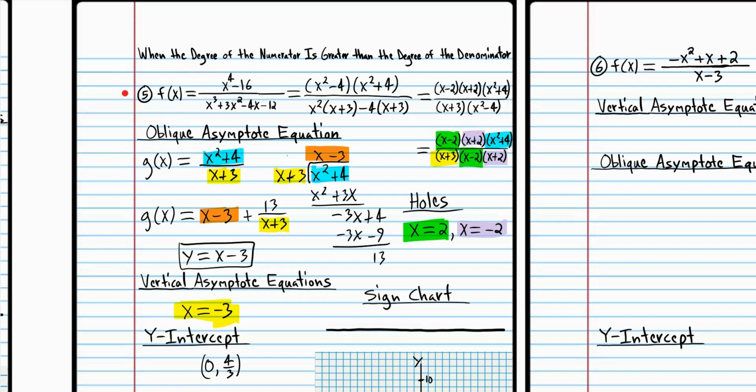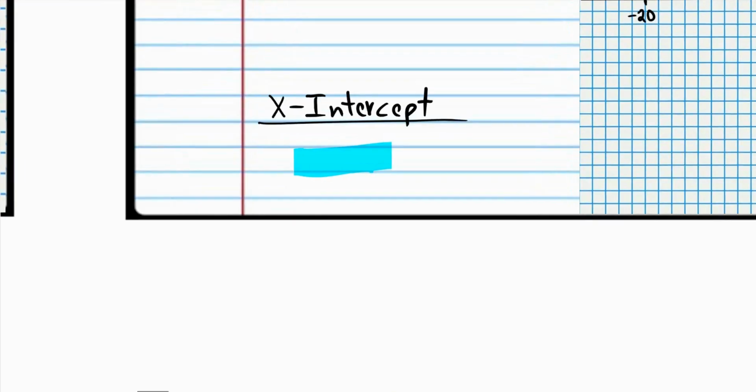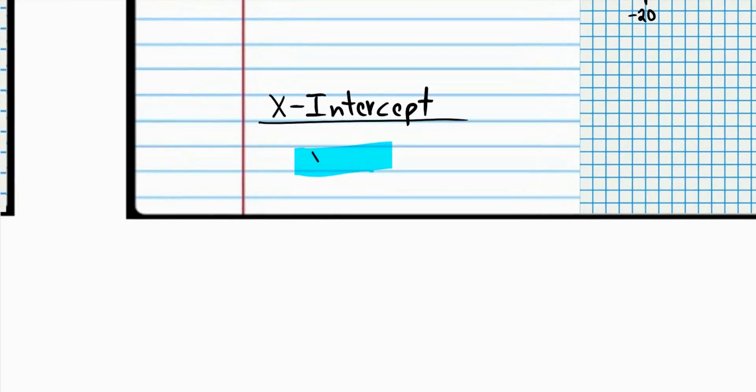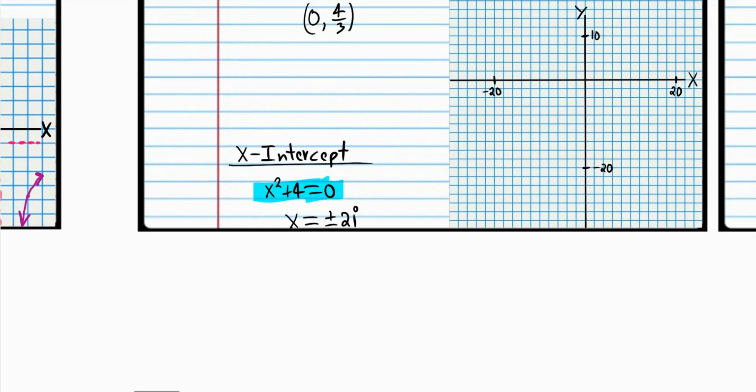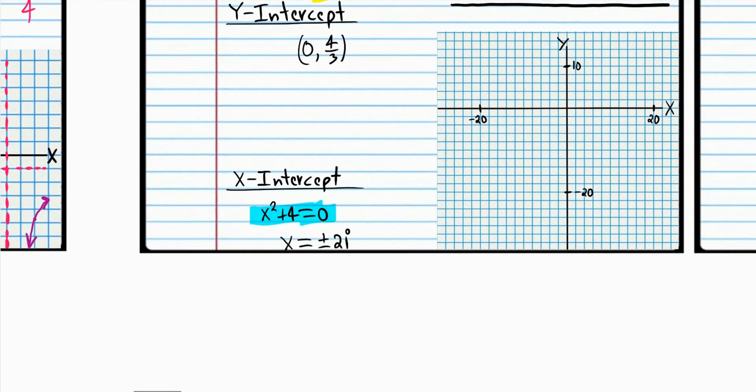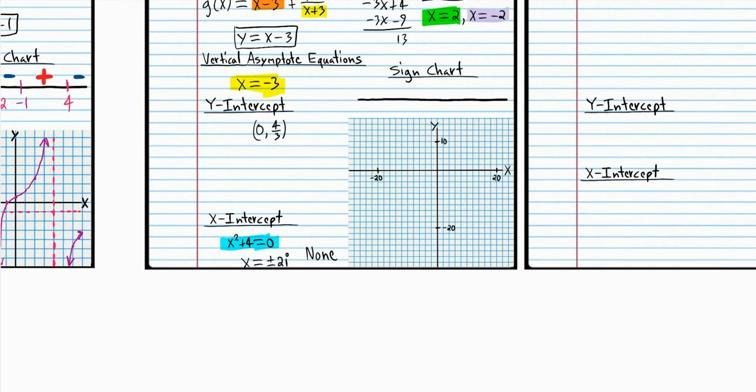They cancel out. So the blue factor is the only hope that we have. But if we try to set the blue factor equal to 0 so that we can find the x values that would make it 0, we come up with imaginary solutions. So imaginary numbers cannot be x-intercepts. So we can just say there's no x-intercepts.